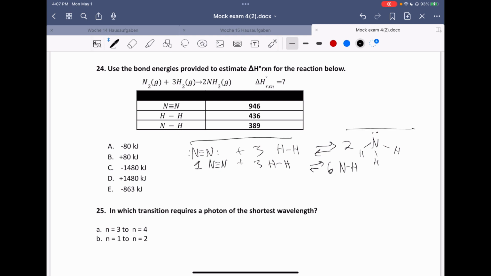So then we do, not delta G, delta H is equal to broken minus formed.